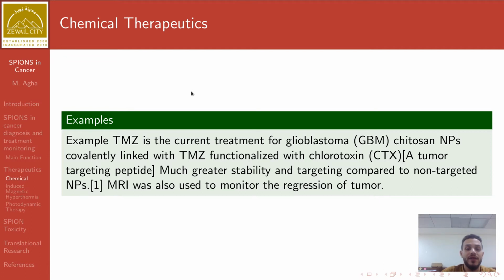We added the TMZ, we added the CDX, and then it was shown that it will have much greater stability and targeting compared to non-targeted NMPs, showing that the active targeting really increases the functionality or the targeting of the magnetic nanoparticles, or the non-targeted nanoparticles.